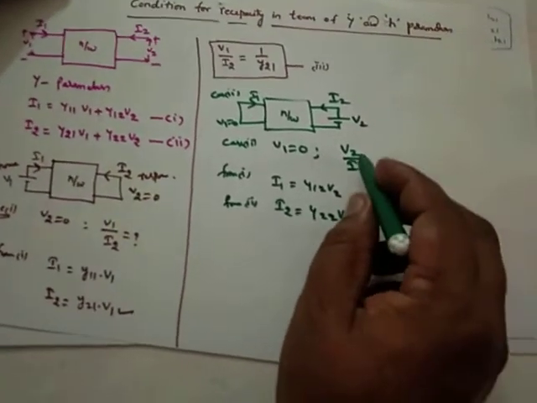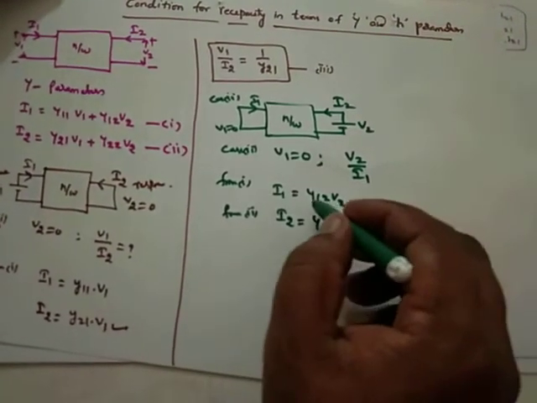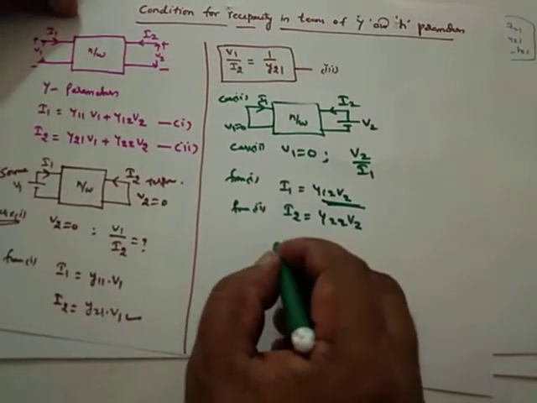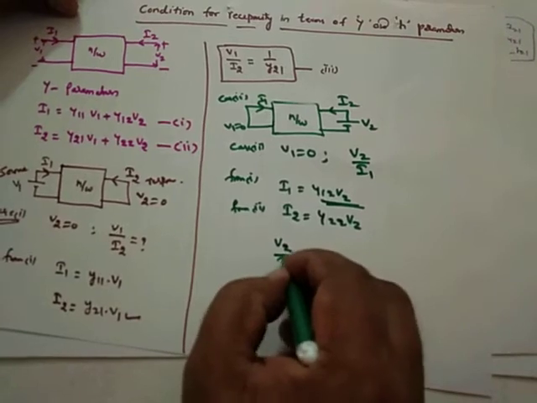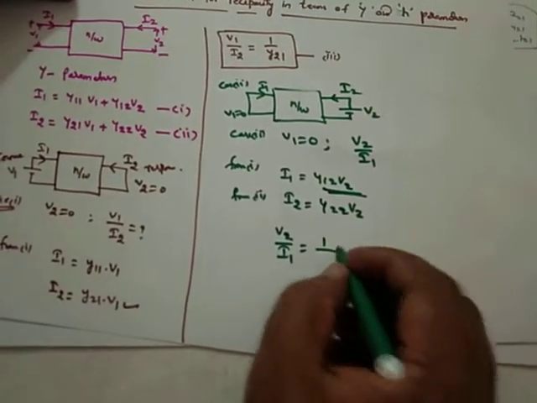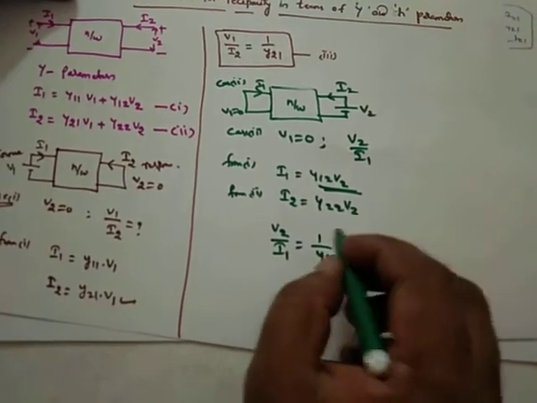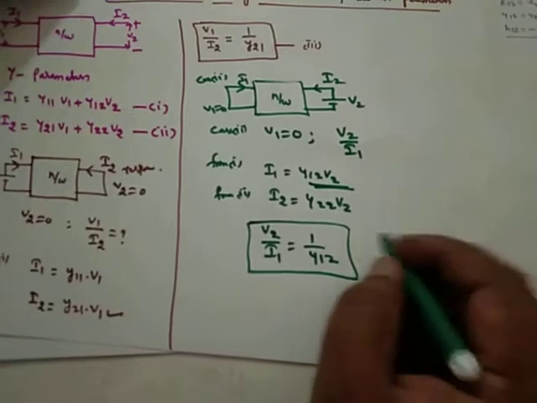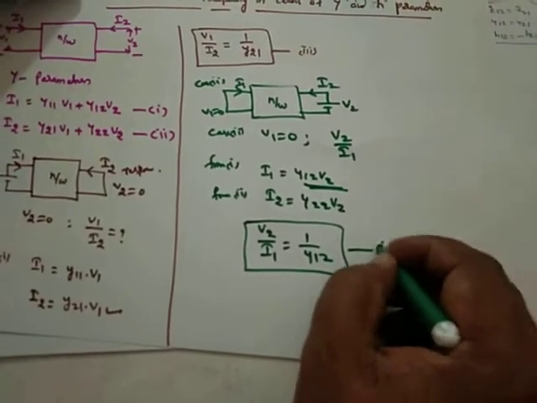Observe here, we have to calculate V2 by I1. Here itself we got V2 by I1. V2 by I1 is equal to 1 by y12.